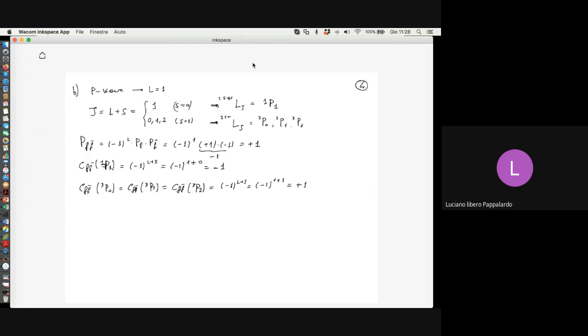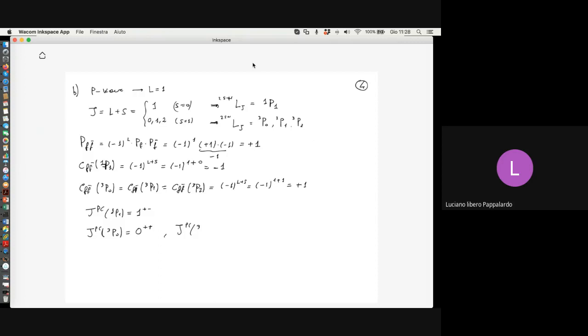So overall, we can now represent our results as J^PC for the 1P1 state equal to 1^+-, then J^PC for the 3P0 state is going to be 0^++.